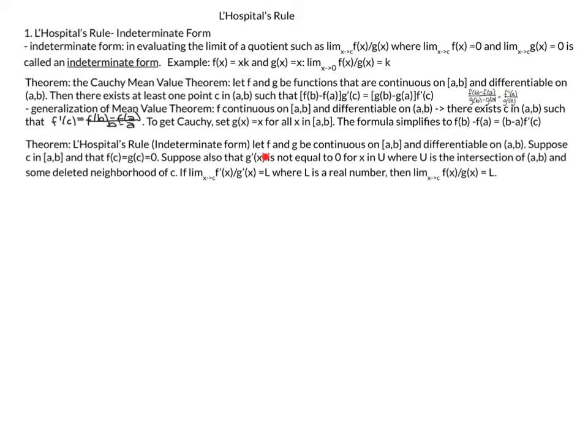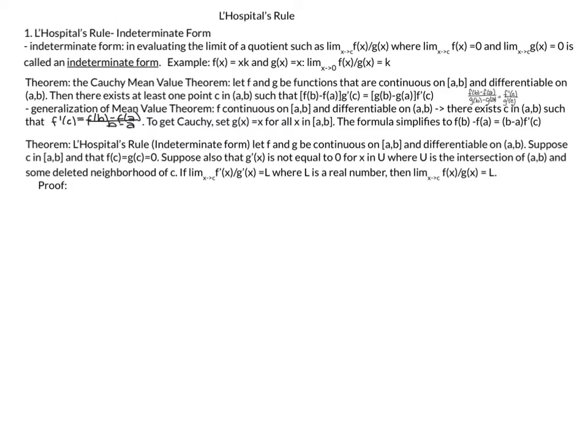Suppose also that g prime of x is not equal to 0 for x in U, where U is the intersection of (a, b) and some deleted neighborhood of c. If the limit as x approaches c of f prime of x over g prime of x is equal to L, where L is a real number, then the limit as x approaches c of f of x over g of x, that indeterminate form over here, will also equal L.